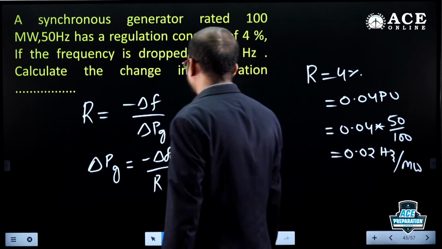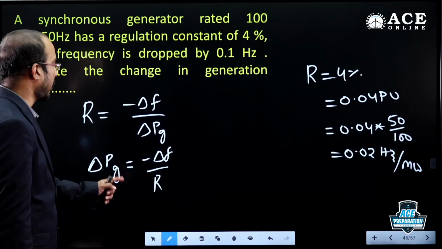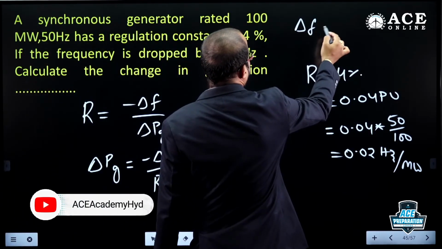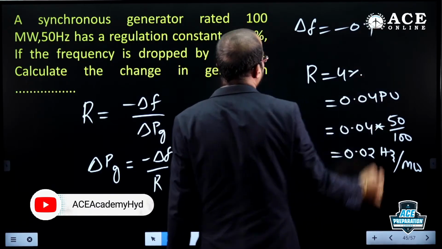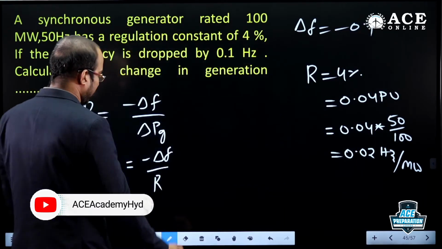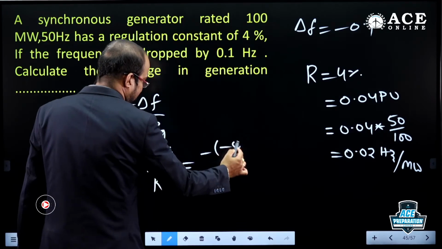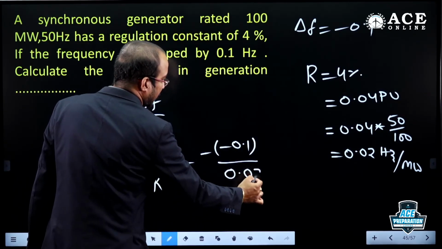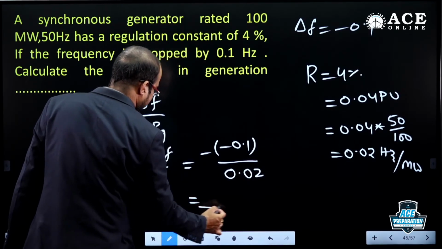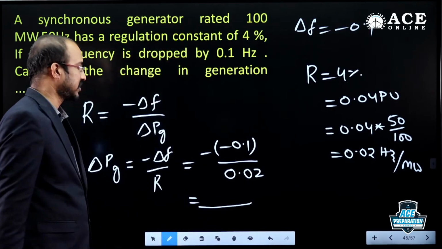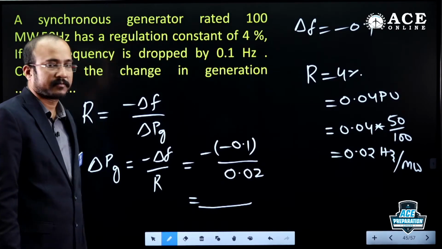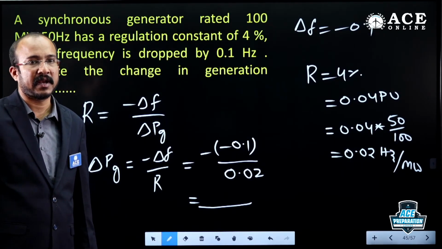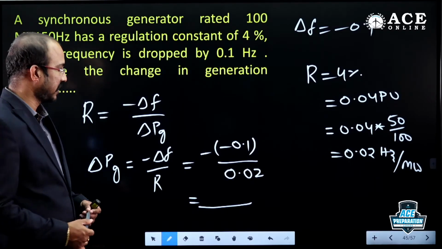Now the frequency is dropped by how much? 0.1 hertz. So delta F we need to take as minus 0.1 because it is dropped by 0.1 hertz. So minus of minus 0.1 divided by the regulation, 0.02. Calculate the change in generation and post the answer here.